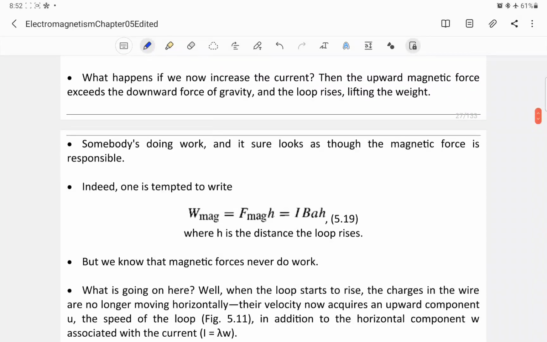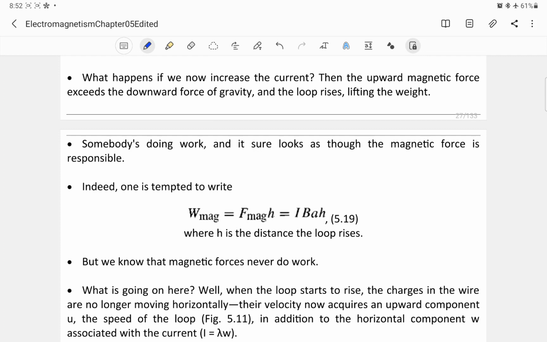Now, what happens if we increase the current? Then the upward magnetic force exceeds the downward force of gravity, and the loop therefore rises, lifting the weight.